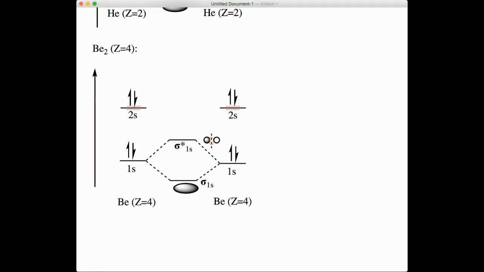Two molecular orbitals, once again, one bonding and one anti-bonding. The bonding is going to be a sigma 2s, and it looks exactly like this one. I'm going to move the shape over here for convenience. So this is sigma 2s bonding, and then we have the sigma 2s antibonding up there, exactly as before.